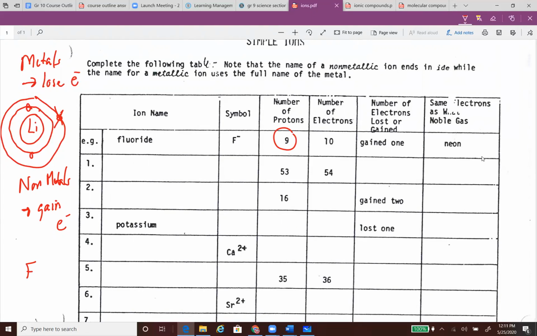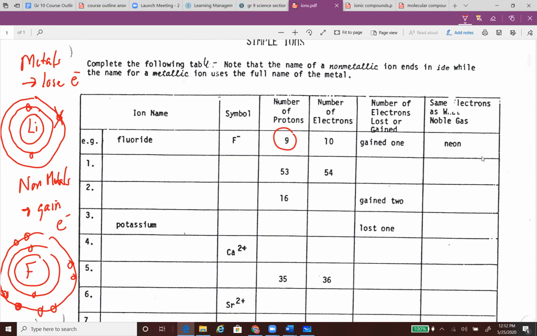So it would have 2 electrons in the first ring, and then in the second ring it would have 1, 2, 3, 4, 5, 6, 7. So it would need 1 more to make it full and be stable, right? So there are going to be things that want to gain electrons. That'll be on the right side. And things that want to lose electrons will be on the left side. Those will be your metals. So, for instance, fluorine wants to gain 1 electron, whereas lithium wants to lose 1 electron.